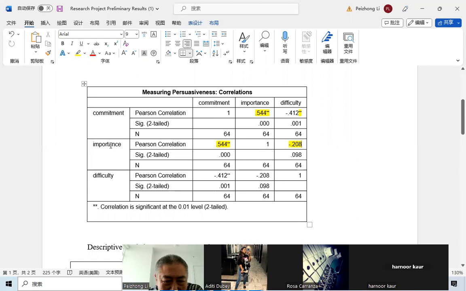The importance has a negative correlation. The negative is good. The more important you think it is to get vaccinated, the less difficult you think it is to get vaccinated. But it's negative 0.208, statistically significant?